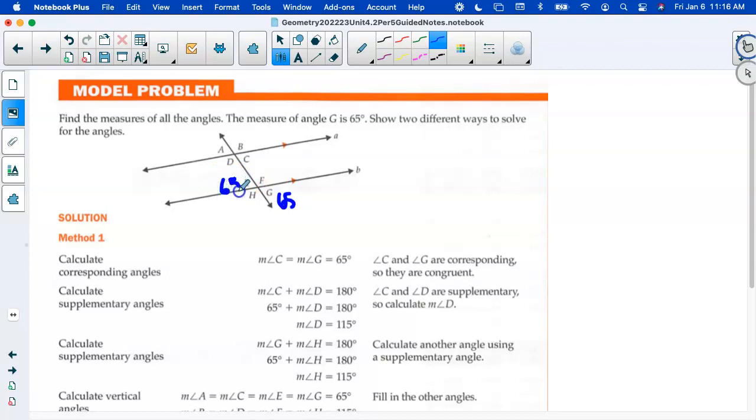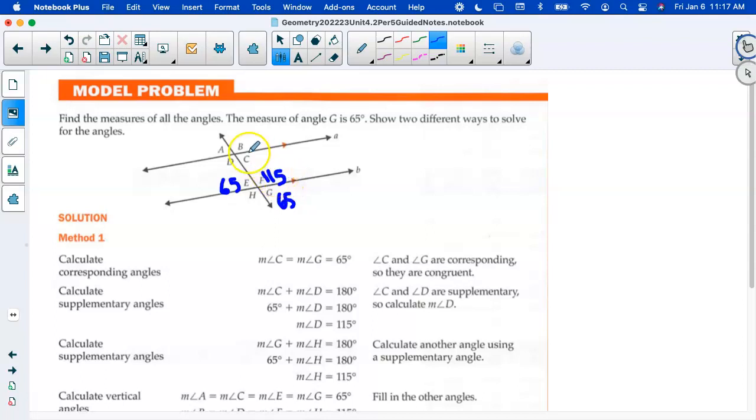Very good. Now, F and G, what do they make? They make a linear pair. So what is the measure of angle F? 180 minus 65. 180 minus 60 is 120. 120 minus 5 is 115. Now, we know corresponding angles are equal.